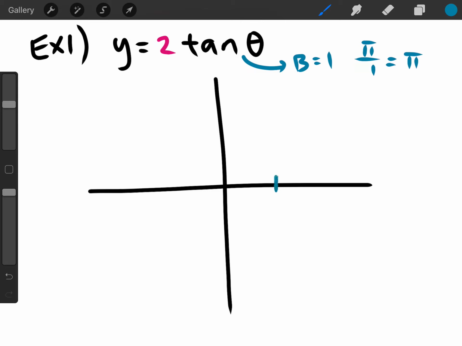The first half is positive pi over 2, the other half is negative pi over 2. You don't have to draw the asymptotes. I'm just drawing them to help you understand that your tangent graph is going to be within this area between negative pi over 2 and pi over 2, and you cannot cross it.